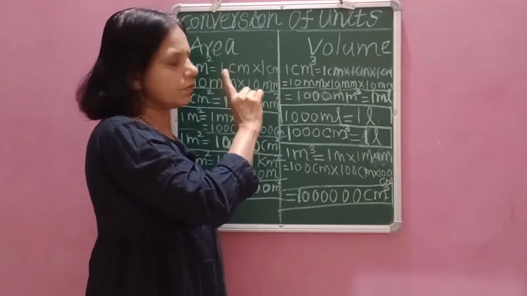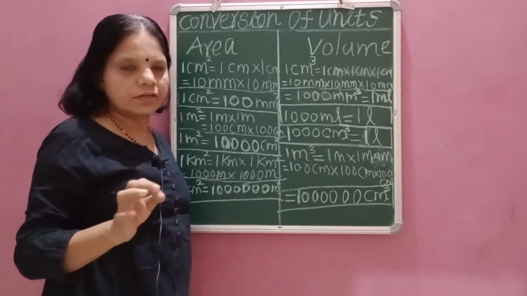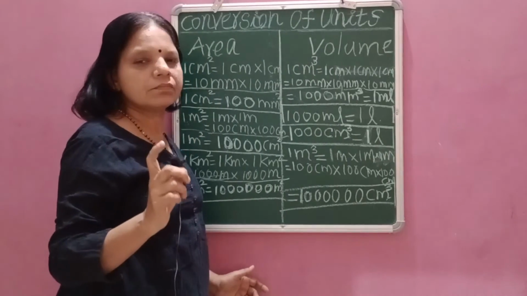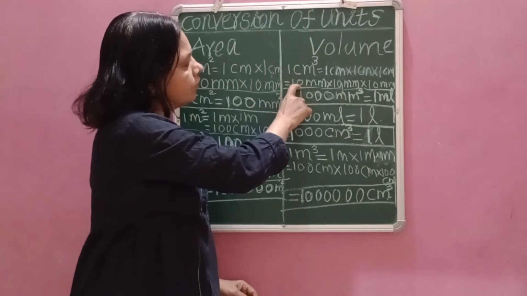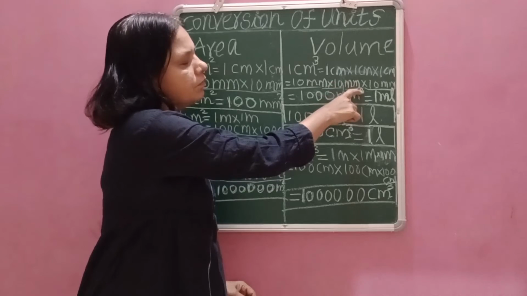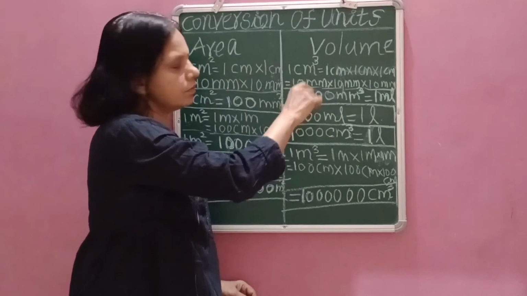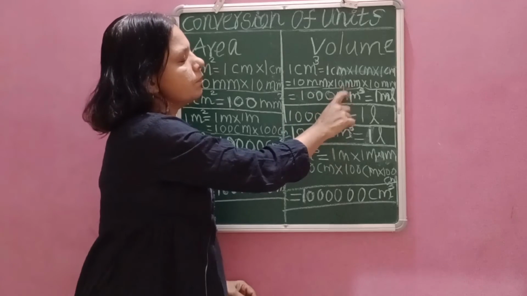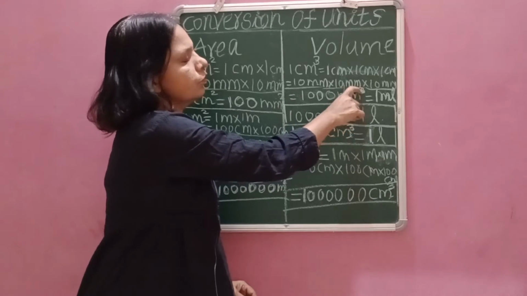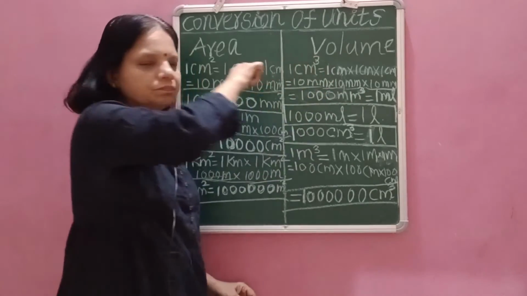In 1 centimeter, how many millimeter? 10 millimeter make 1 centimeter. So it will be 10 millimeter into 10 millimeter into 10 millimeter, 10 into 10 into 10, so 1000 millimeter cube is 1 centimeter cube.